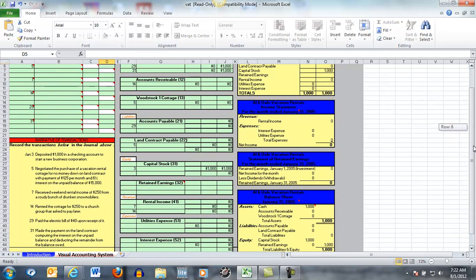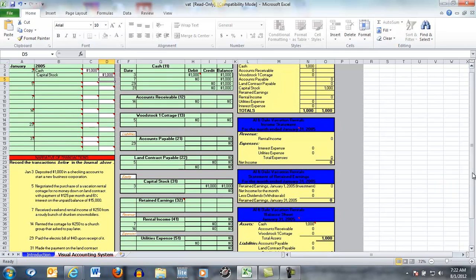You will notice that on the balance sheet, the total of the assets will equal the total of the liabilities and equity. And once you have everything done right, you'll see pop up in red here on the financials, it'll say correct once everything's done. So you know you did it right.